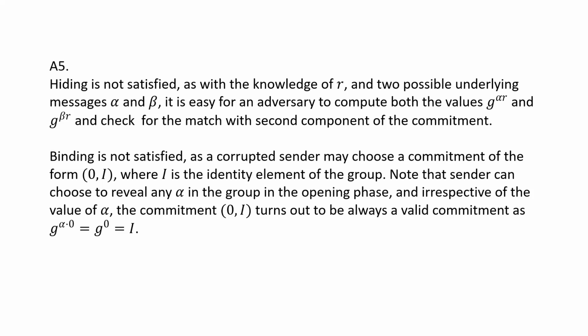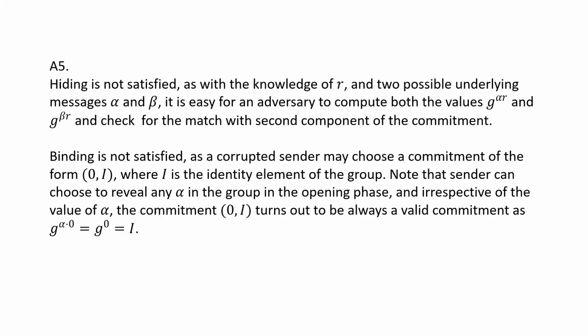And g^(beta r) can similarly be computed by the adversary, and it can then easily check. The commitment is either of the form (r, g^(alpha r)) or of the form (r, g^(beta r)). As both g^(alpha r) and g^(beta r) can be computed by the adversary, it can easily check whether the second component of the commitment matches g^(alpha r) or g^(beta r).